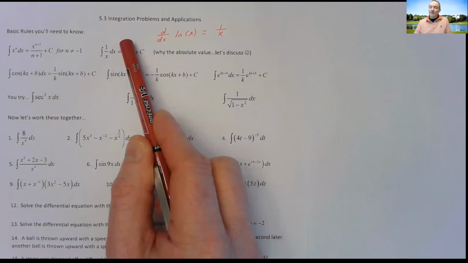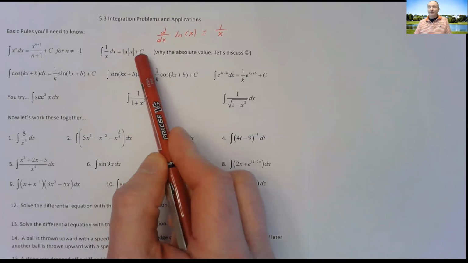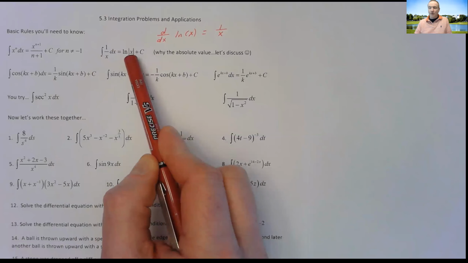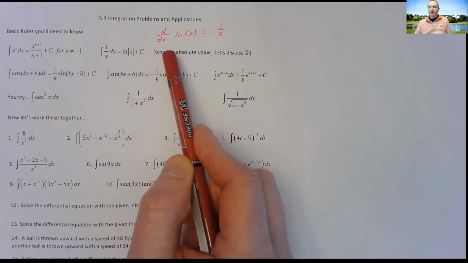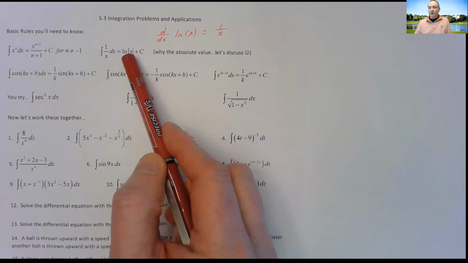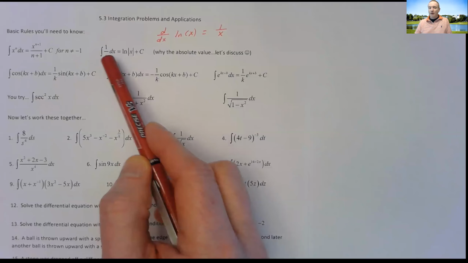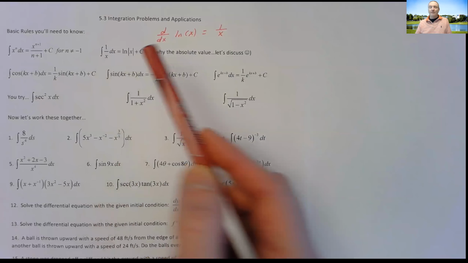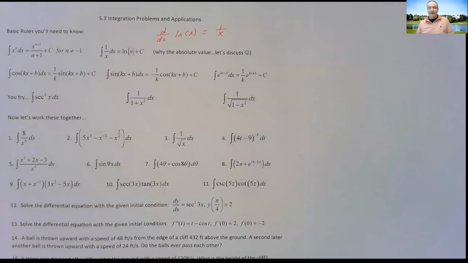That's why we have to say it's the natural log of the absolute value of whatever that x is, in order to make sure that the answer always exists. So please remember, whenever your answer is going to involve a natural log that you get from 1 over x dx, it has to have that absolute value around the argument inside the logarithm. Otherwise, it's going to be wrong.